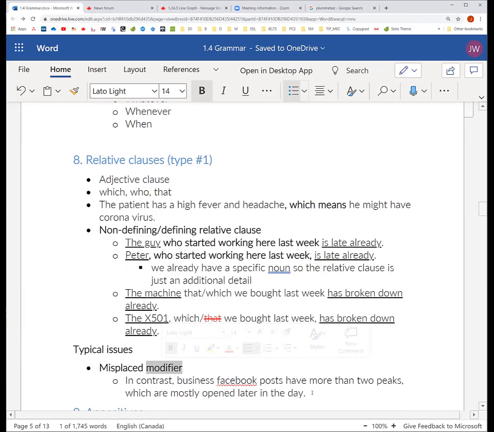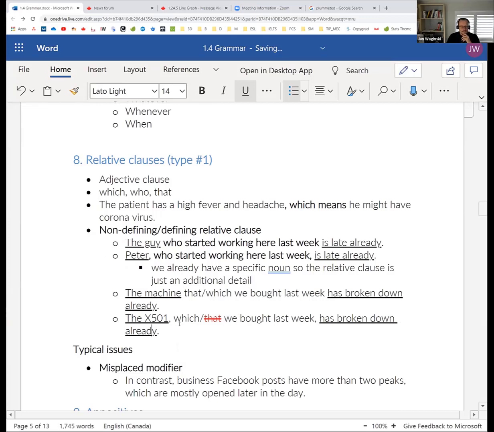I just have a question before we go further. The X501, why can we not use that? The meaning is like, with which it's better, but because I saw that with the red, is there any grammatical issue here? Yes, so this is just convention. There's no logic involved here.